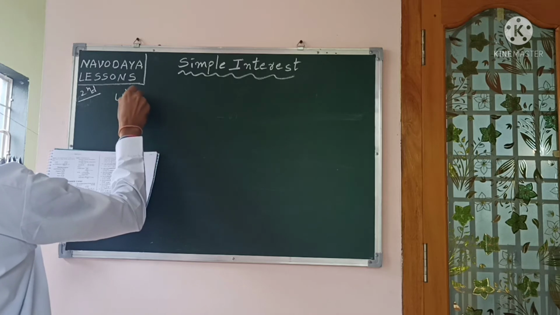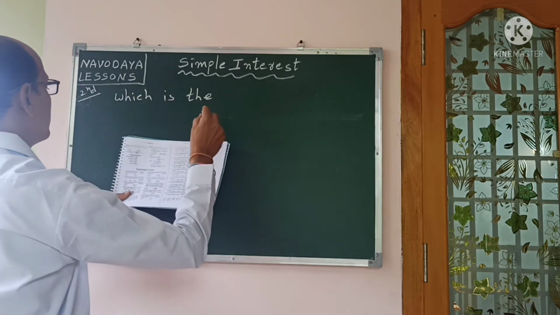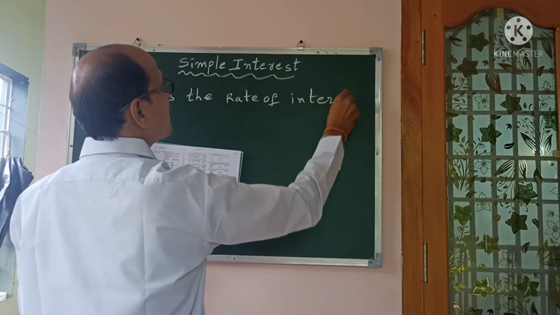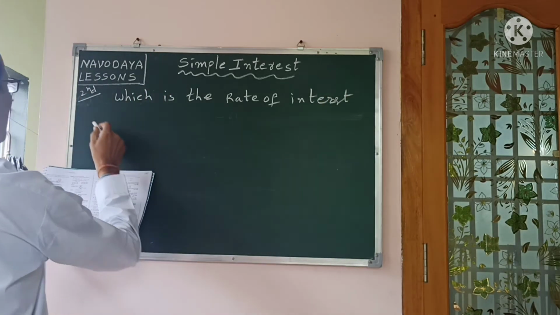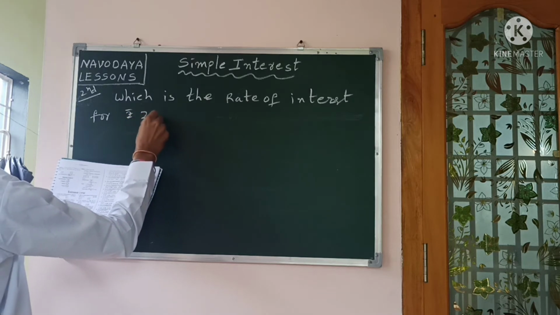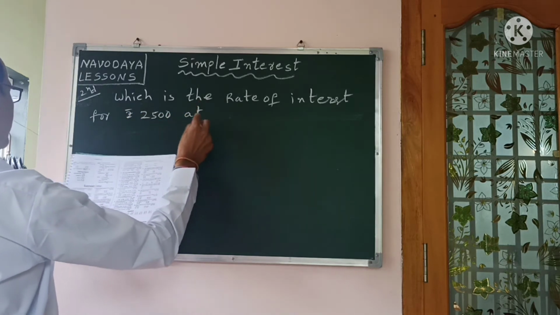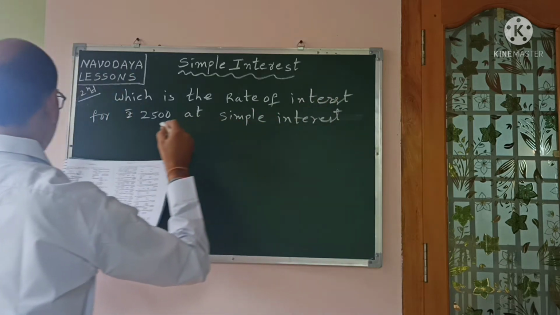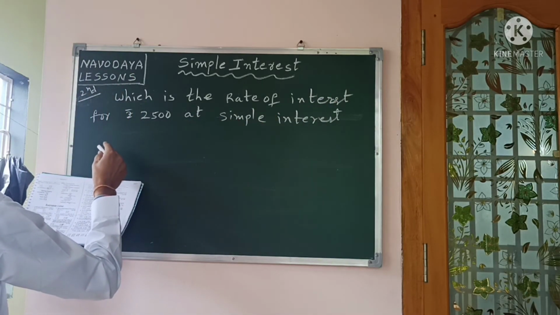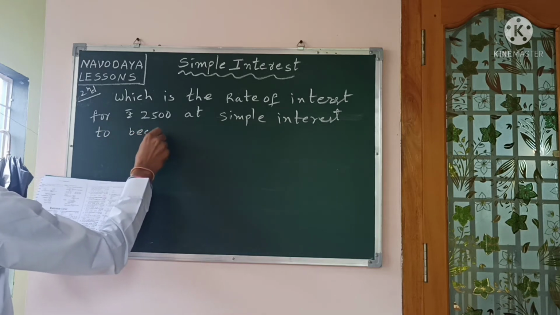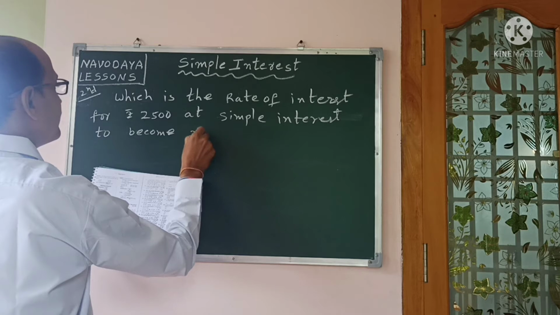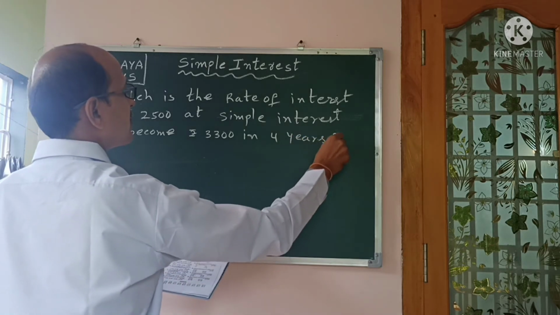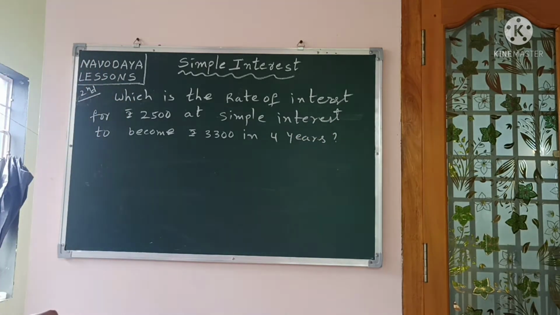Which is the rate of interest for rupees 2500 at simple interest to become 3300 in 4 years. Note the problem first.